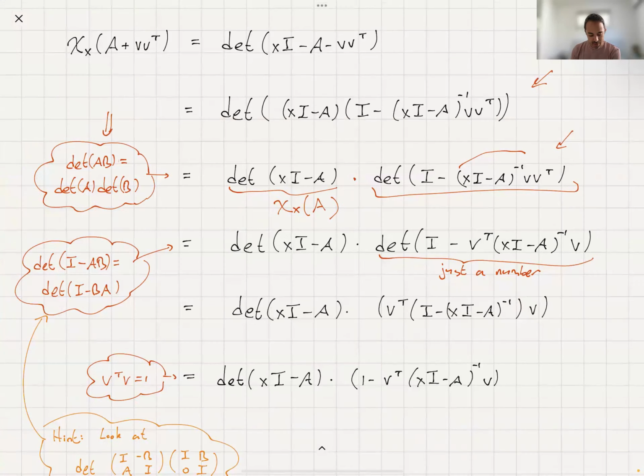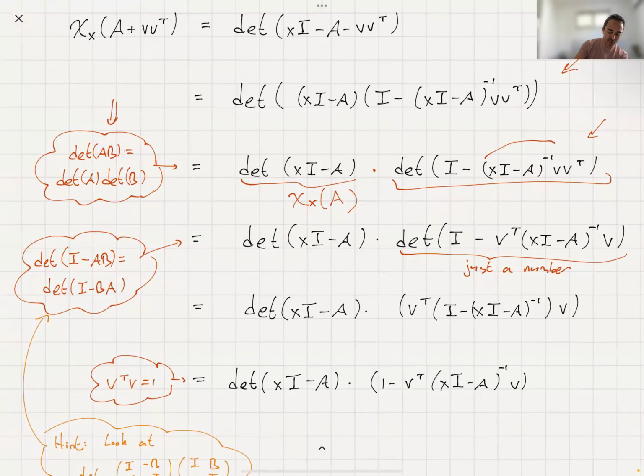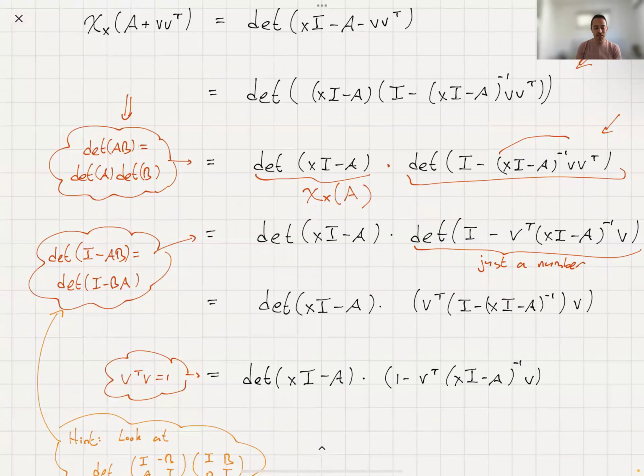And there is another little theorem about determinants, which is definitely less known than this one, though it actually follows from it: the determinant of I minus AB is the same as the determinant of I minus BA. So you can take a cyclic shift like that when you add to I or subtract from I. That's actually not so trivial to see, by the way, just for fun.